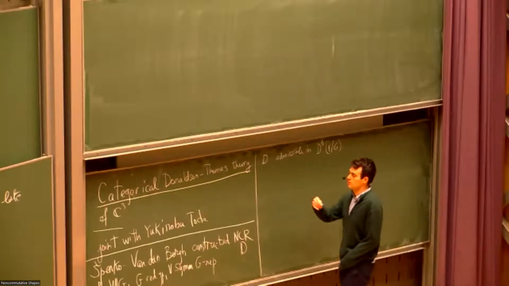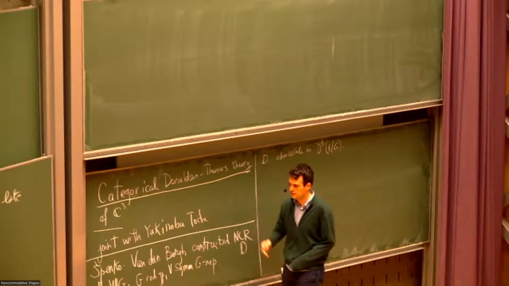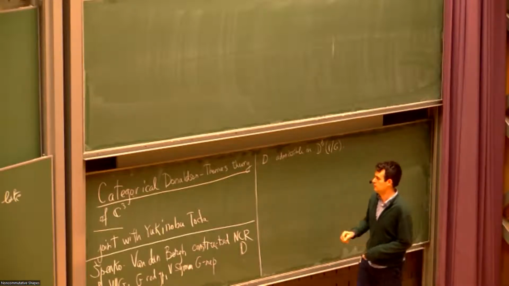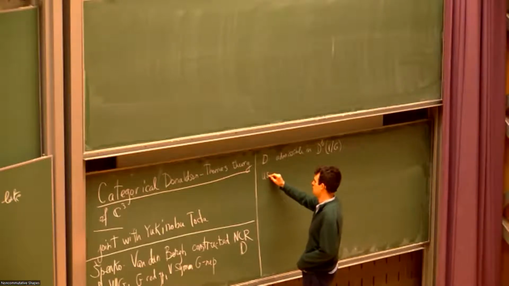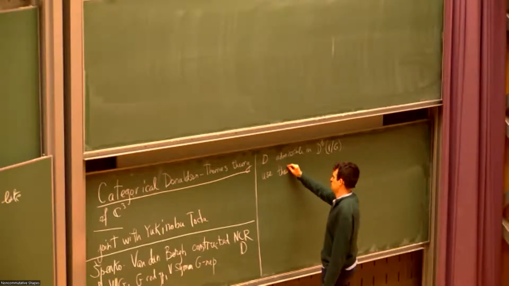And most importantly for people working in categorical Donaldson-Thomas theory, we can use it to define what we call a quasi-BPS category. So we use their construction, their NCR maybe.